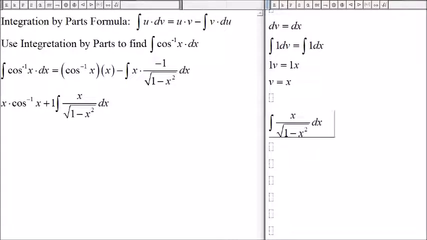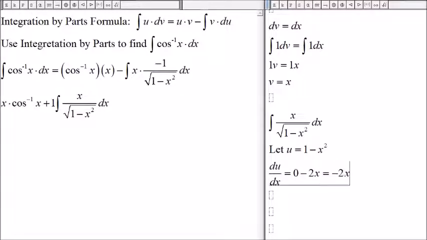Now for this integral we can use the u substitution method. So let u be 1 minus x squared. And again, this u is not the same as that u. This u is just for this problem. So we have du/dx equal to 0 minus 2x, or we get minus 2x. So that means that du is equal to -2x dx.